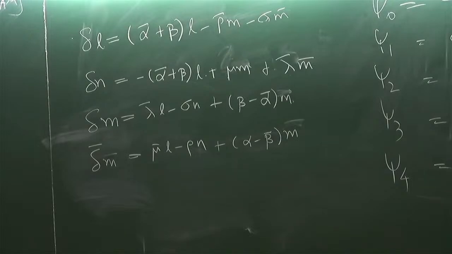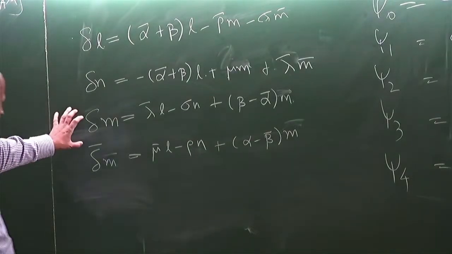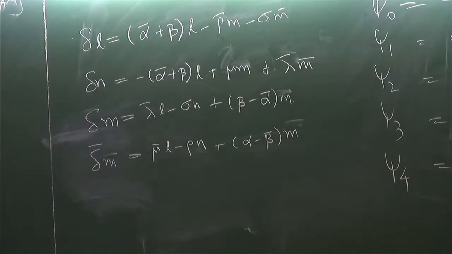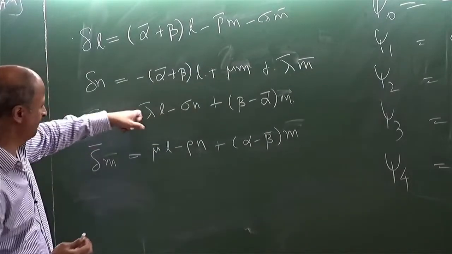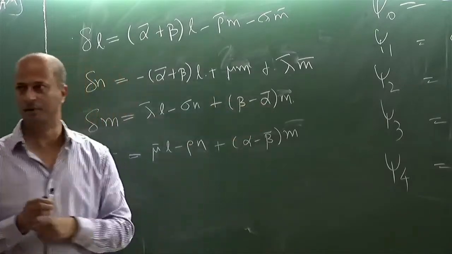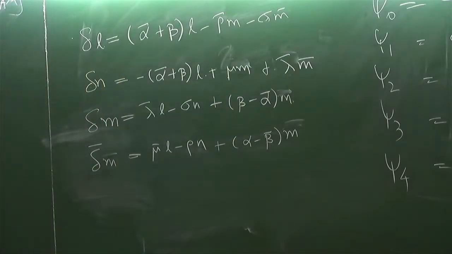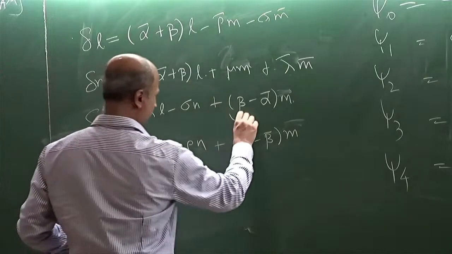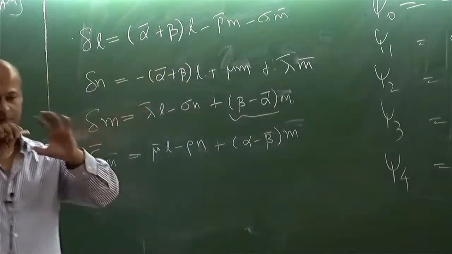Okay. So here, let us just think of derivatives along these angular directions. So I look at delta m, which is the derivative of m along m itself. And let us ignore these. We discussed lambda and sigma already, so we know what they mean. Look at this term, beta minus alpha bar. This term gives you the Christoffel symbols on the sphere.